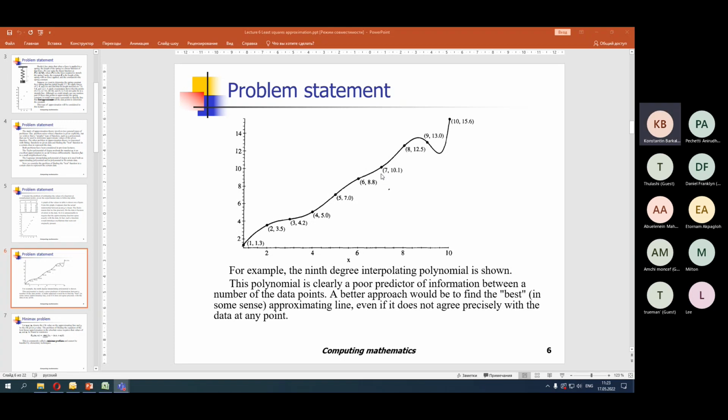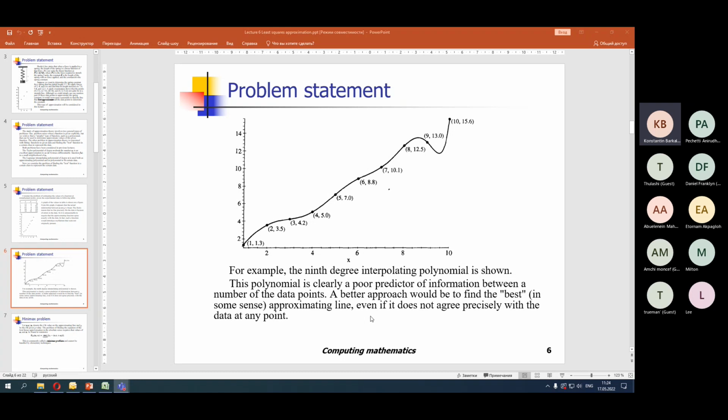The interpolating polynomial is clearly a poor predictor of information between a number of data points. Between these data points, the polynomial is a good predictor, but between these data points, it is a poor predictor. A better approach would be to find the best approximating line in some sense.